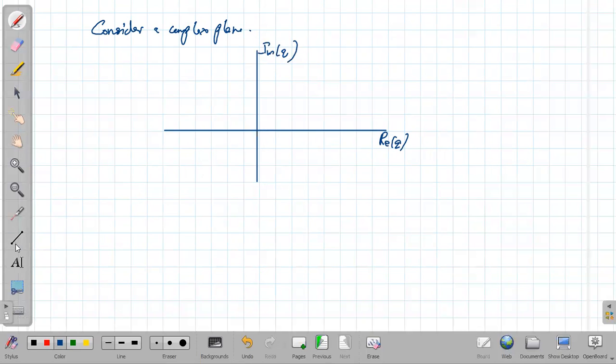Actually this integration is from minus infinity to plus infinity. But in between there are poles. At some point there would be Q equal to minus K, and at some point Q equal to plus K. So these are the 2 poles.